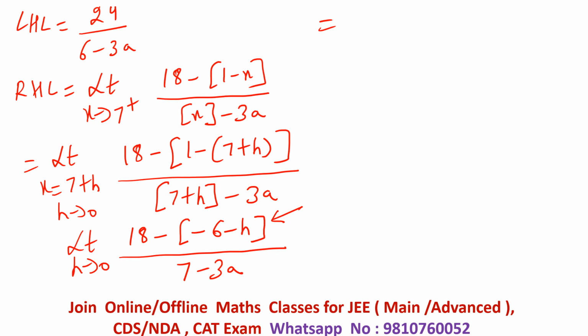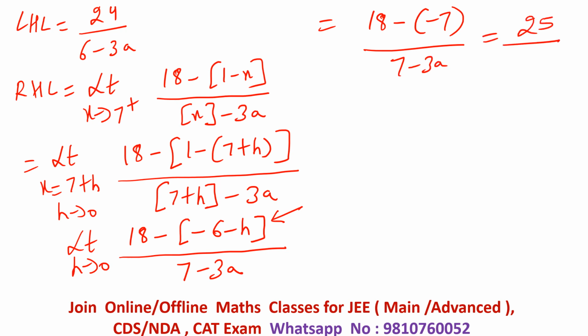So limit becomes 18 minus minus 7 whole divided upon 7 minus 3a. Now this finally becomes 25 upon 7 minus 3a. Now since the limit exists at this point, it means that RHL is going to be equal to LHL. That means LHL and RHL both are equal.